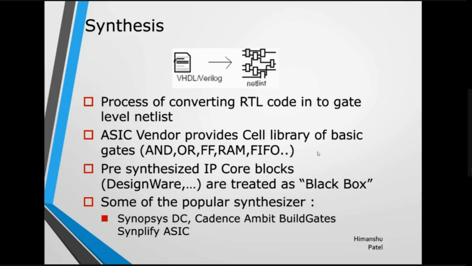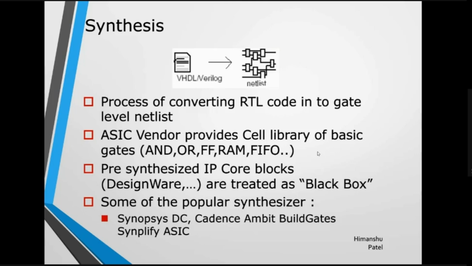Whatever RTL code you have written, that's code: module, input, output, and behavior. You write the behavioral code and end module, done. Now, converting this code into the gate level.